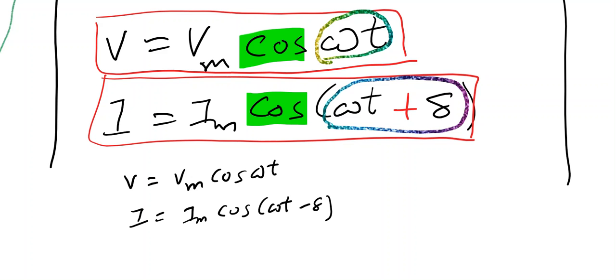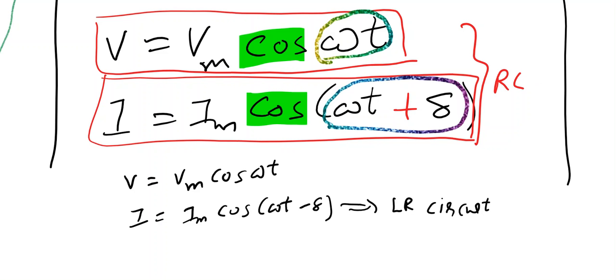So the phase of current was less in the LR circuit. In the LR circuit, voltage is leading, its phase is more, so voltage is leading current. But in the RC circuit, the phase of current is more, so current is said to be leading the voltage.